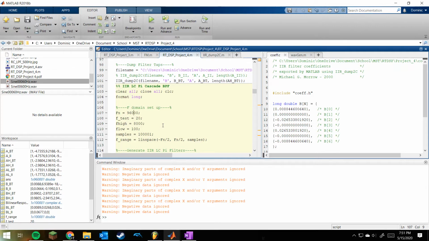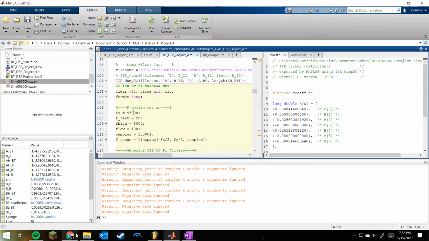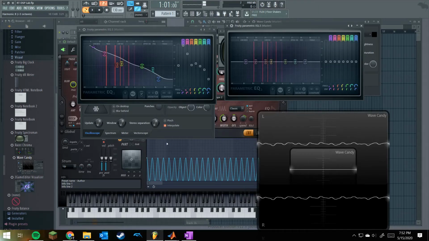Filter is running, and I'm not getting any NaNs, so that means we're good. I'm gonna pick a, okay, let me pick a noisier song here.